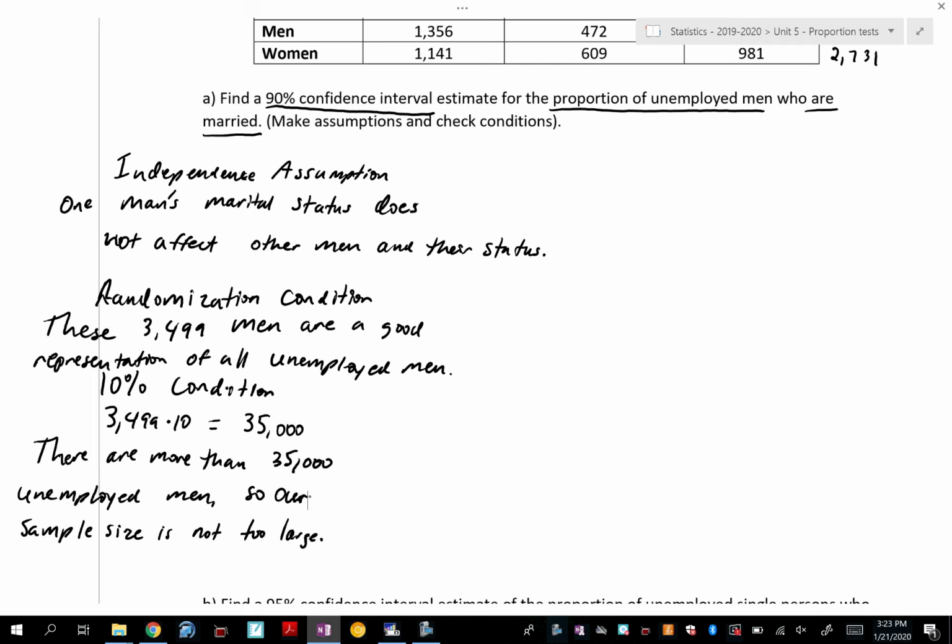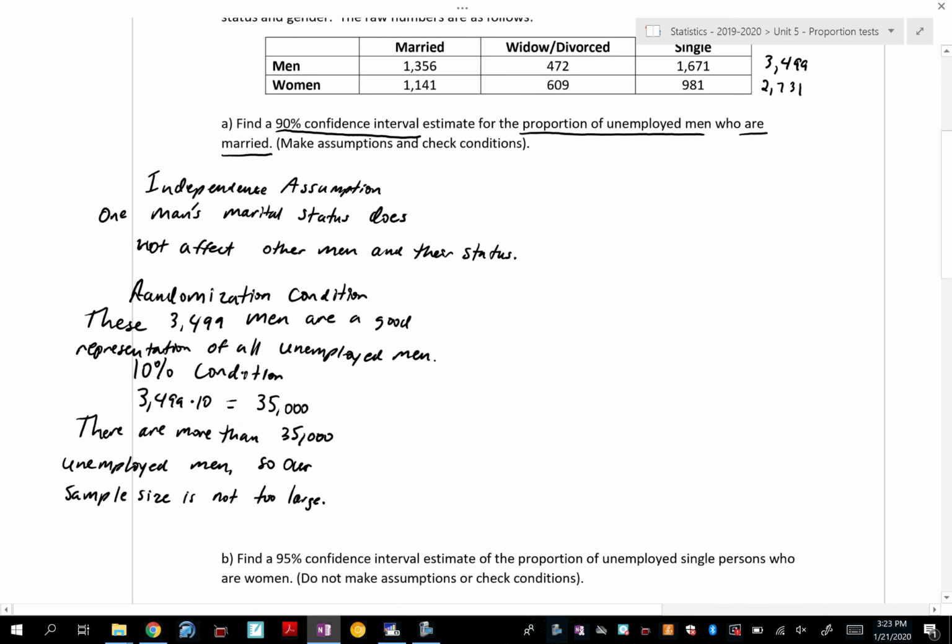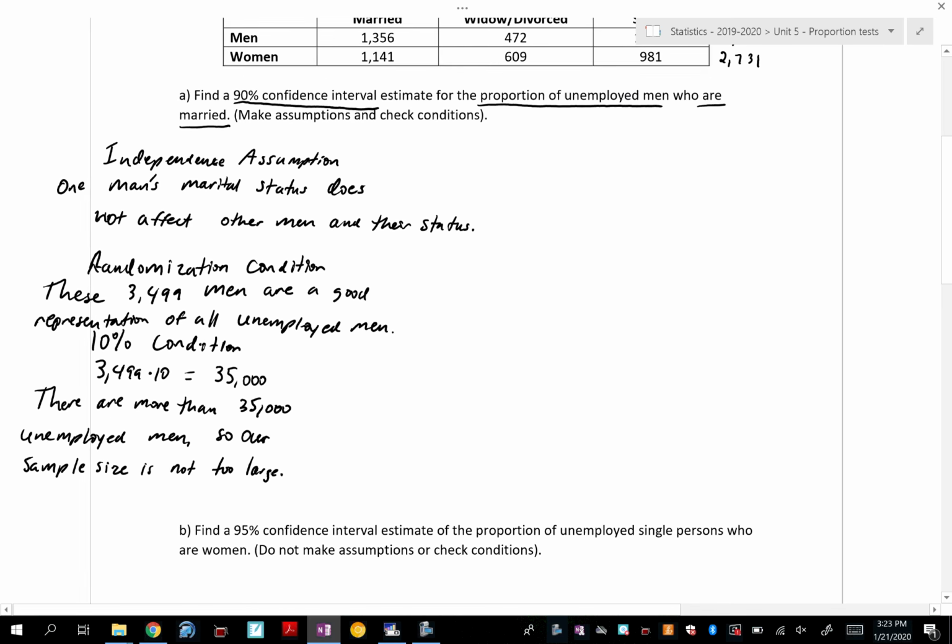Let's go to the next assumption. What's the next assumption we're going to make? The sample size assumption. Now, I do my best every year to try to help your brain understand the process of these assumptions and conditions.